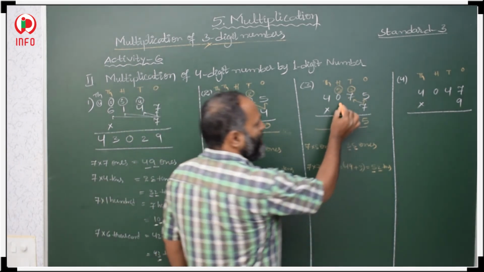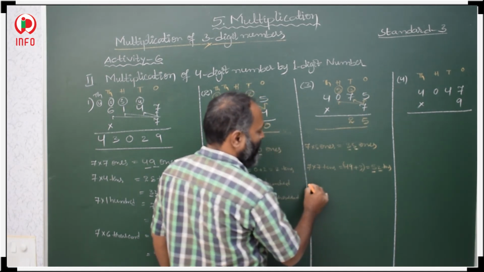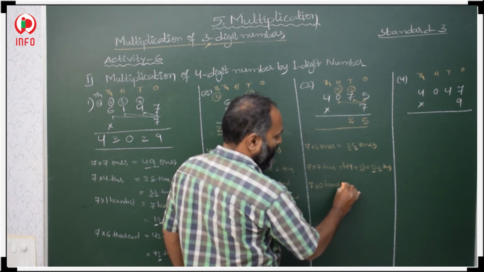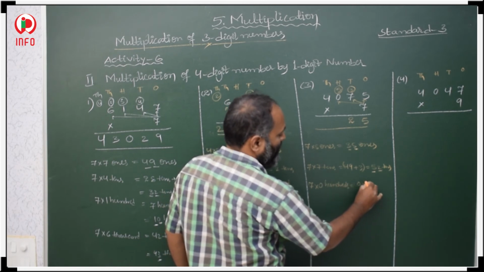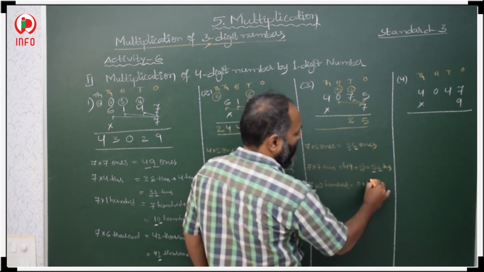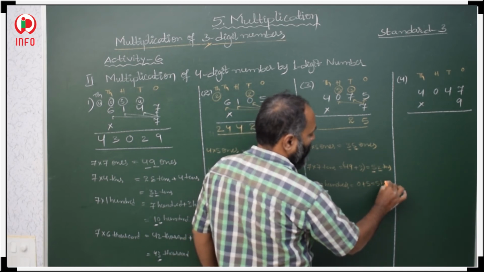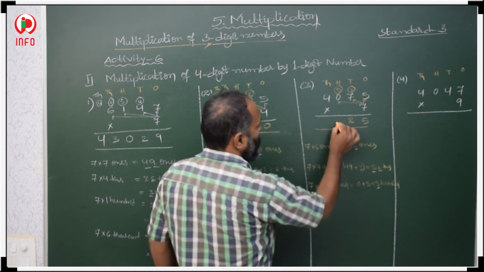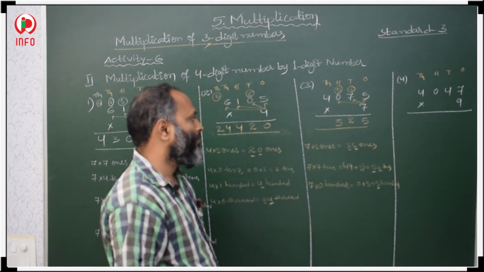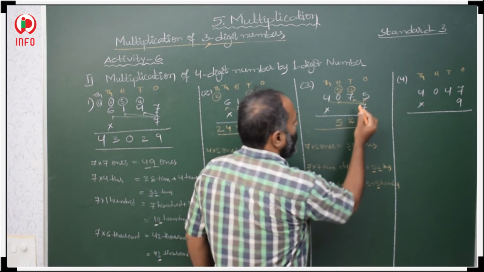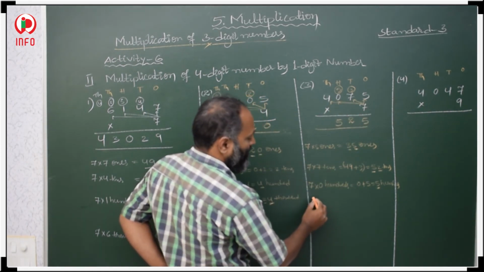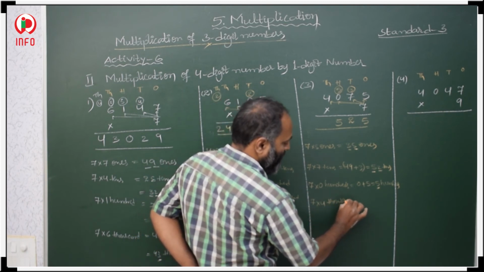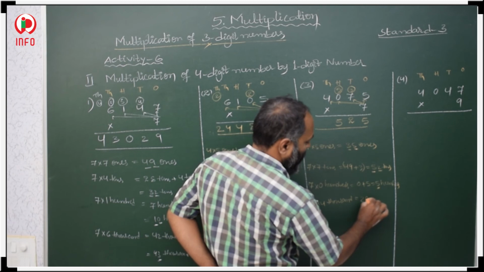Then again 7 with 0, 7 into 0 hundreds, 7 zeros are 0 plus what is carry over here? 5, 0 plus 5, 5 hundreds. 5 in hundreds place, single digit number. Then 7 with thousands place, 7 with 4 thousands, 7 fours are 28,000.